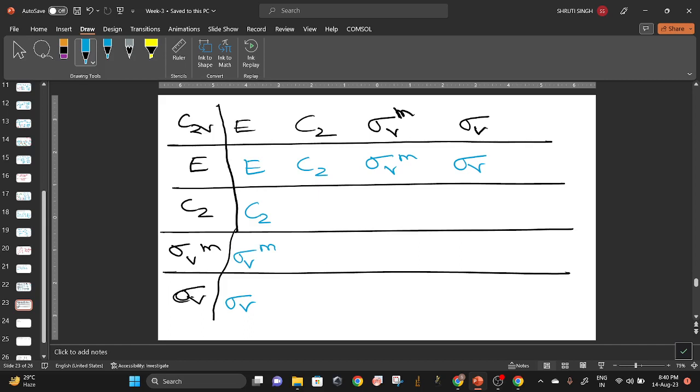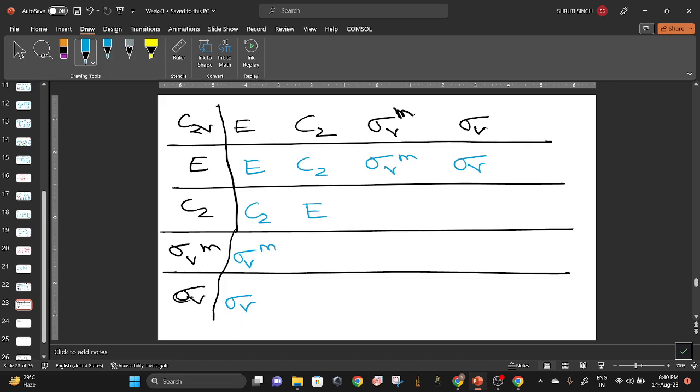Now C2 dot C2, 2 times C2 we will do, what we will get? E. Okay. Now sigma v, molecular plane, then C2. Sigma v.